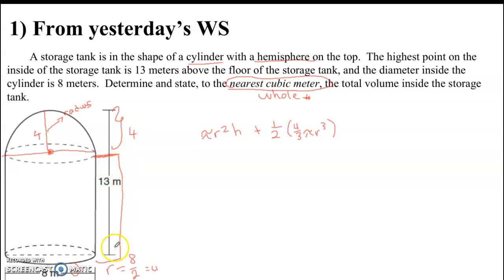What is this other piece? I know the entire thing is 13, and this little piece at the top is 4. Let's call this x. To get this piece, I have to do 13 minus 4, which is 9. So this 9 represents the height of the cylinder.